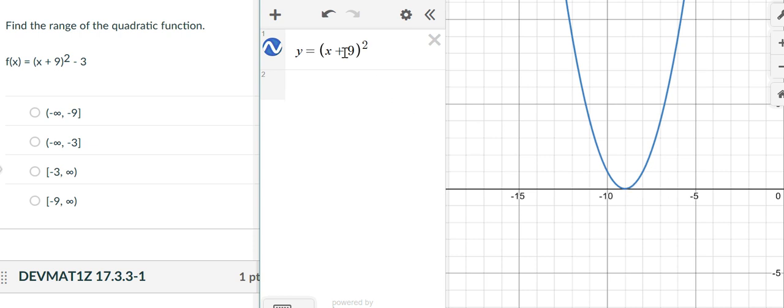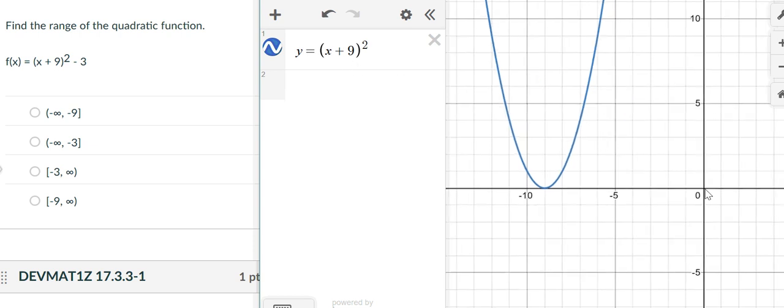Again, one more time here, you plus 9 is what? Is shifted 9 units to the left-hand side, because we know it is x minus -9. We should write it that way. X plus 9 is x minus -9.